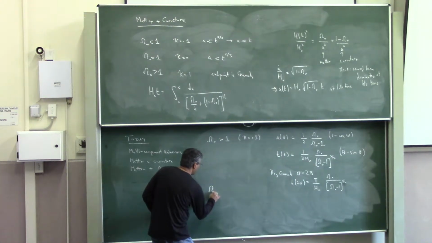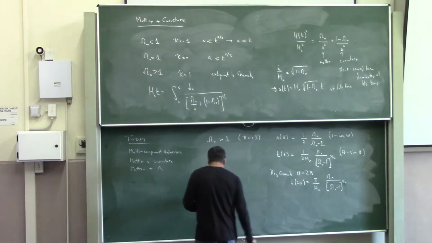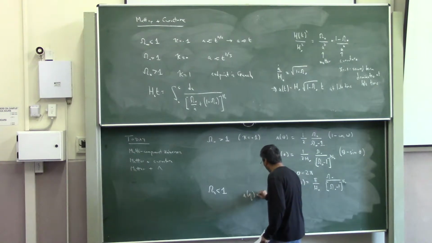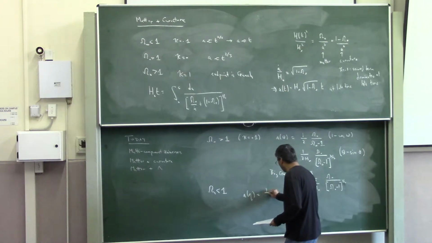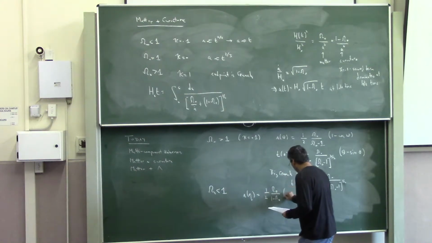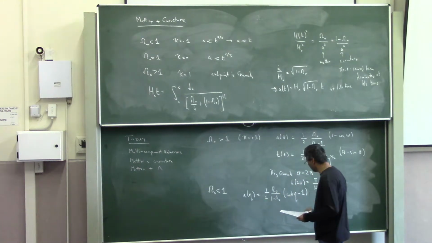If omega 0 is less than 1, we have a different parametric form. A of eta is 1/2 omega 0 over 1 minus omega 0, times cosh eta minus 1.